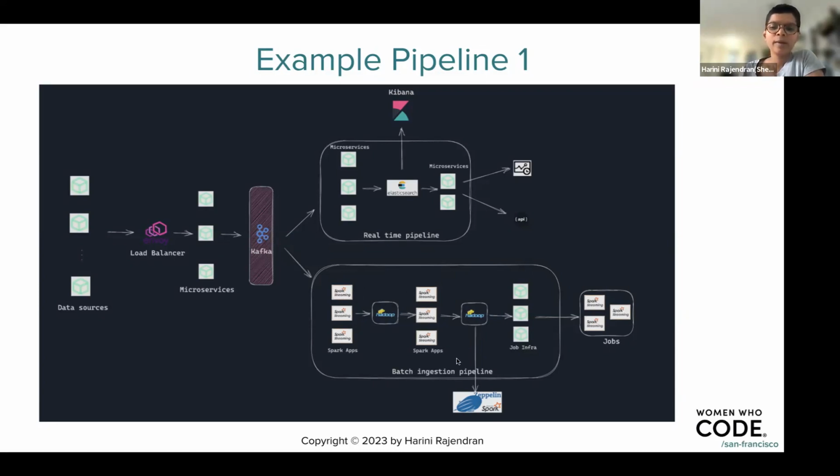This was happening in real time, and then it would get stored in Hadoop. At the end of every day, at night, there were other daily Spark jobs that would get triggered and read from this intermediate Hadoop storage, do all the processing of the data, and store it in another Hadoop folder.